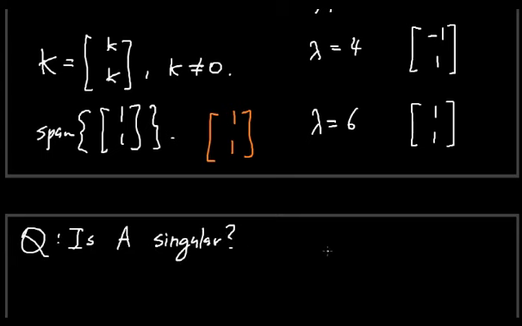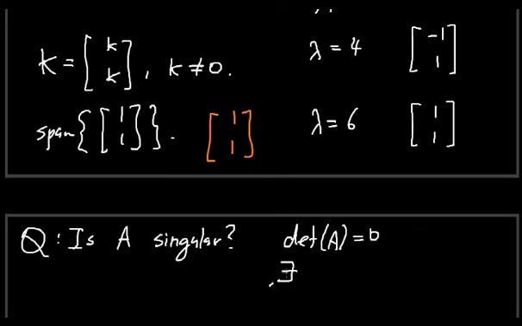What does it mean for a matrix to be singular? Well, a matrix is singular when its determinant is 0, or another way to say it is to say that it is not invertible.